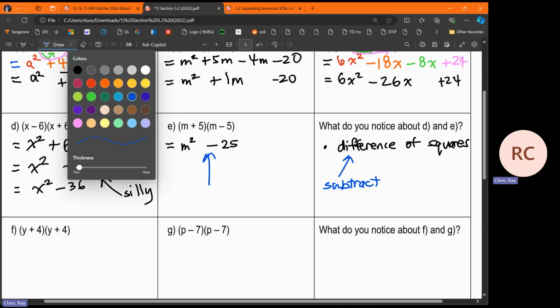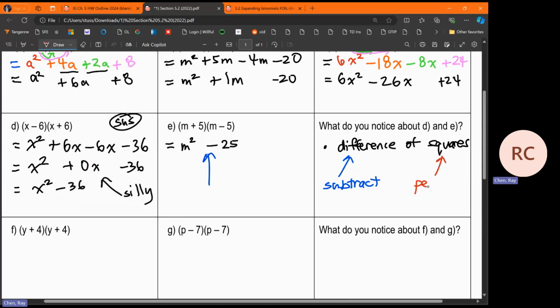And squares, these represent the perfect numbers. What's a perfect number? 25 is a perfect number. And the reason why you know that is because it's made up of 5 times 5. Notice the example D, that last term is 36, and it's made up of 6 times 6. So hence, this is called the difference of squares.